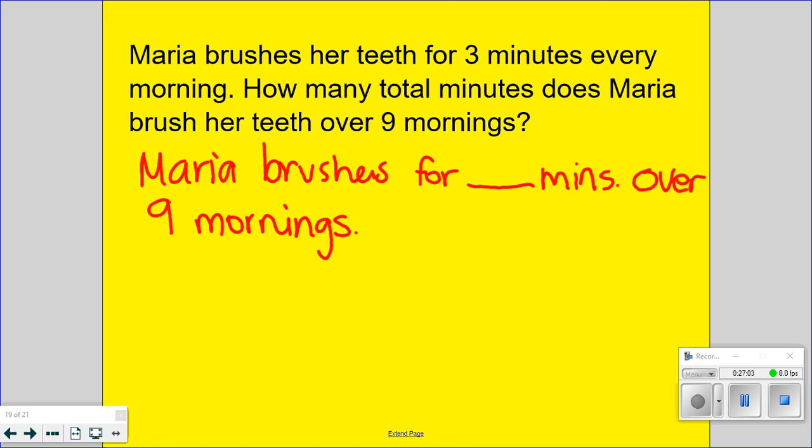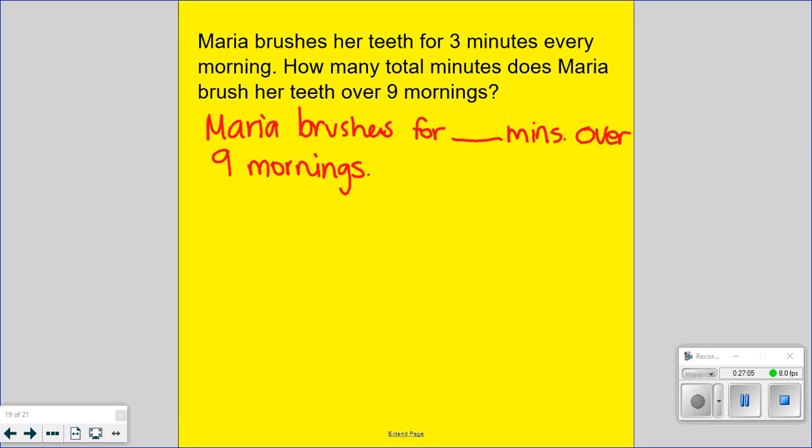All right, so let's draw a bar model, please. Do I know my total? What do we think? Evelyn, do we know my total?